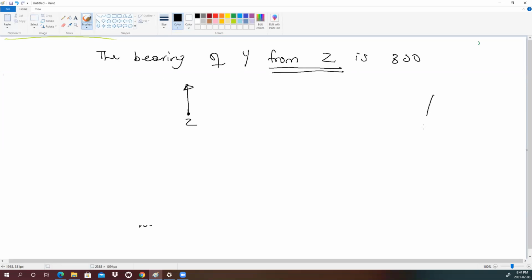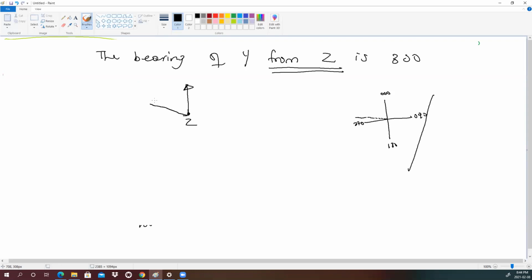So let me just sketch that. So this is 000, this is 090, 180, this is 270. And so you know that 270, 300 is going to be somewhere right here, right? So it's going to be somewhere like that.